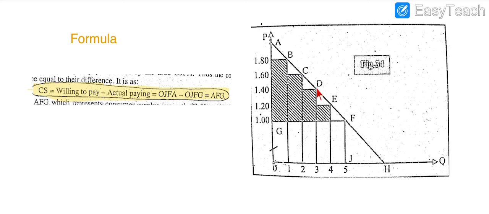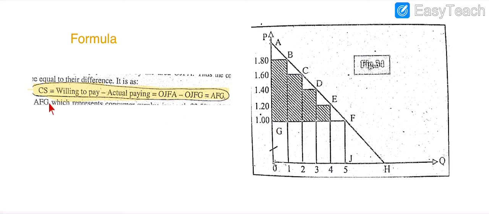Actually, what will be the formula of consumer surplus? If you see this gap, as we defined from the definition, it is the price which the consumer was willing to pay. For example, you see at 1 unit the consumer was willing to pay 1.80, while actually the consumer is paying $1.